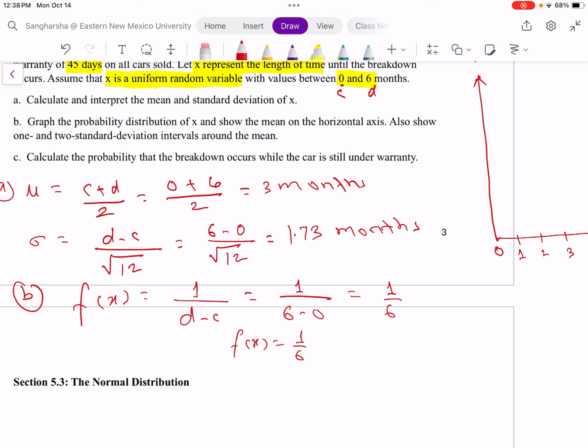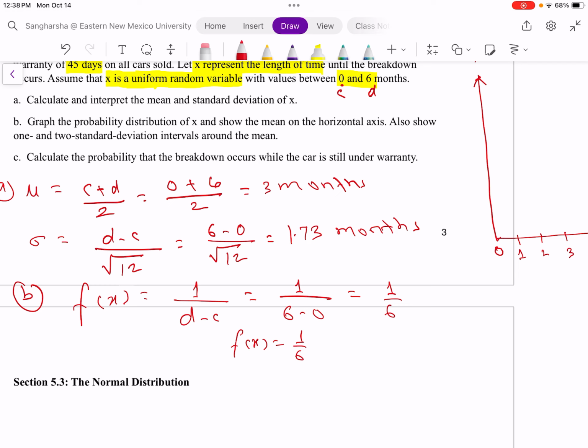How do you graph f of X equals 1 over 6? You have a function. What is the type of this function? Is it constant, linear, quadratic, cubic, exponential? Forget about uniform. Let's go back to college algebra.